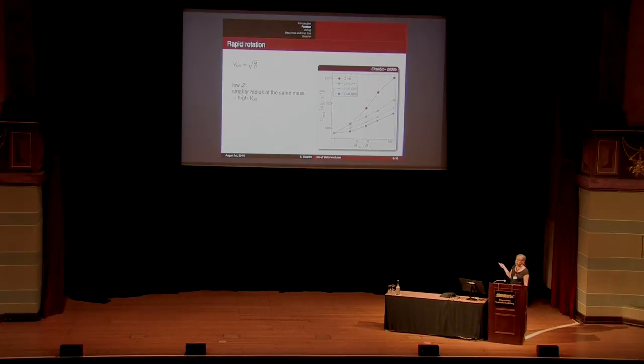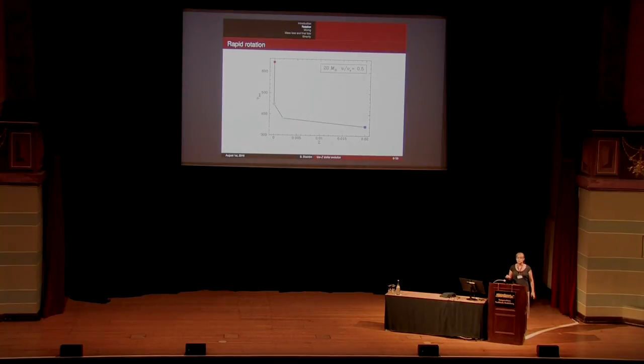Here you see the critical velocity on the ZAMS, again for different masses and for different metallicities, solar there and zero here. And you see that when you plot this, the critical velocity for a 60 solar mass star at solar metallicity would be around 800 kilometers per second, while the same 60 solar mass star at zero metallicity would be over 1500.